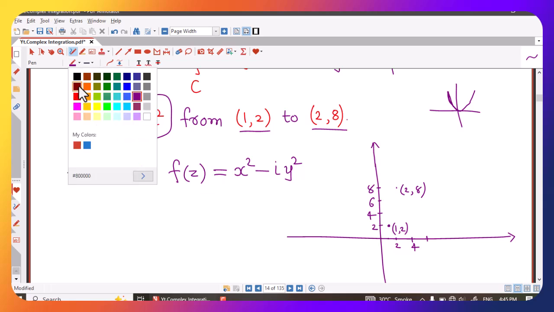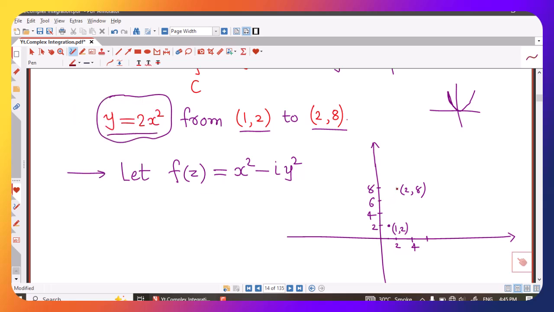So we can roughly sketch the part of the parabola between these 2 points. Our parabola will go in this direction, pass through the origin, and go symmetrically in this direction. But we are not going to integrate along the whole parabola. We want to integrate between these 2 points, (1, 2) and (2, 8).